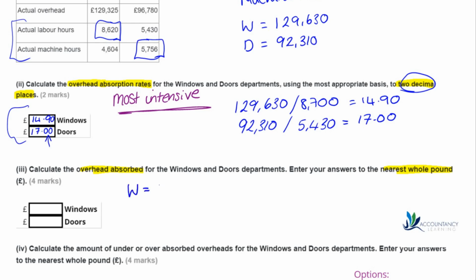So windows is 8,620 hours multiplied by our £14.90 from the previous question, and that will give us 128,438.